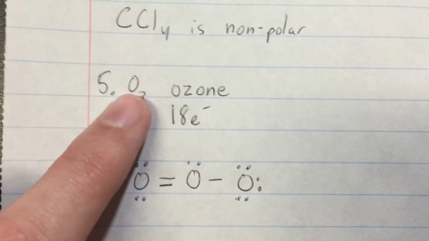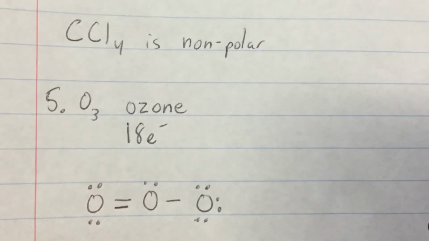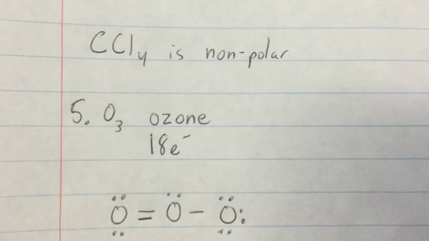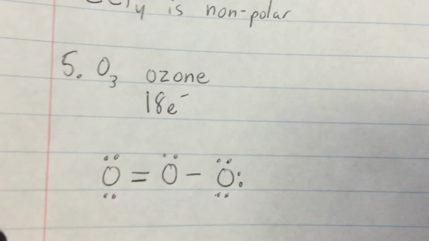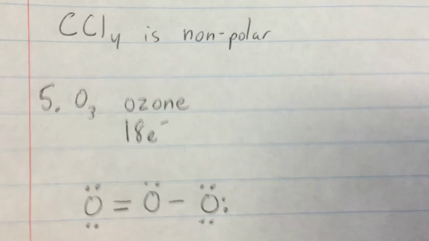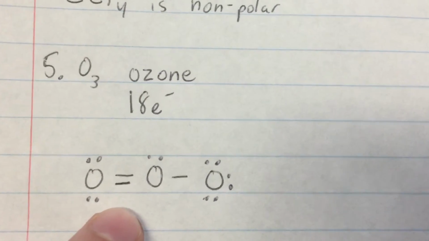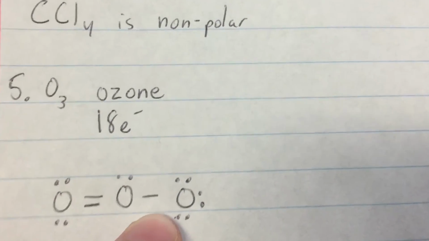Our final molecule is O3, ozone, with 18 valence electrons. When looking at the Lewis structure, we can tell that there's going to be 2 resonance structures, since we have one right here written with a double bond on this oxygen, and we can have another one written with a double bond on this oxygen.